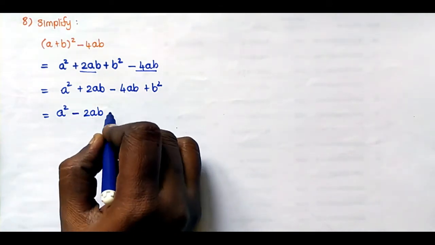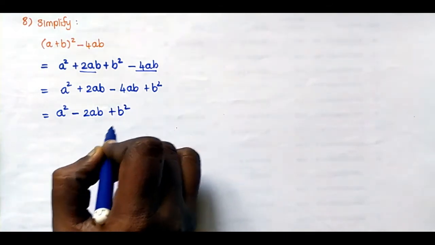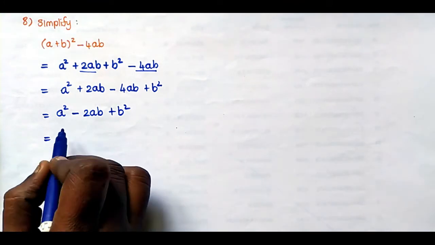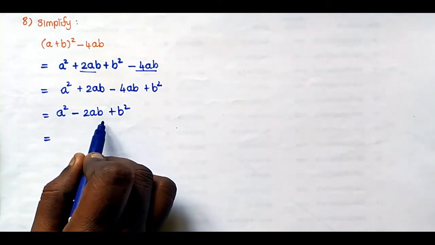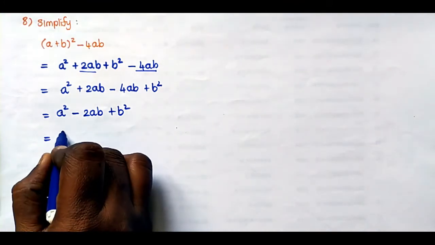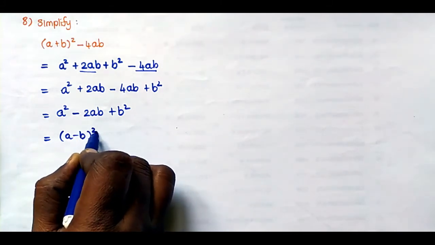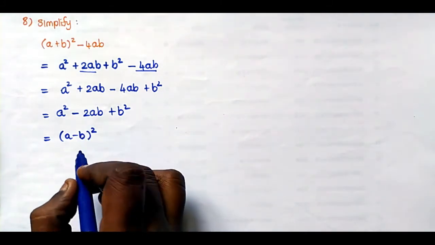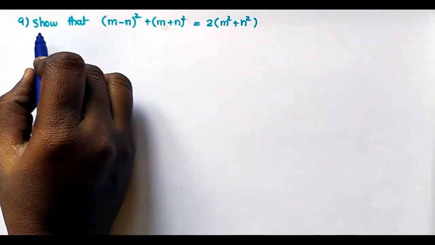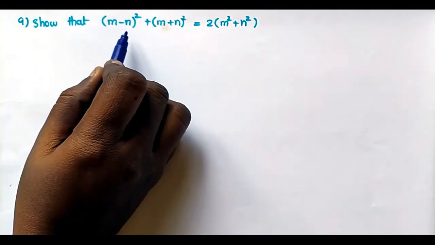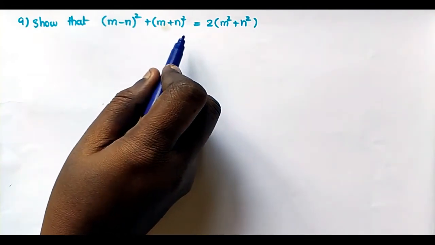So minus 2ab plus b squared is there. What is this formula? a squared minus 2ab plus b squared. That is a minus b whole squared. That is the answer.